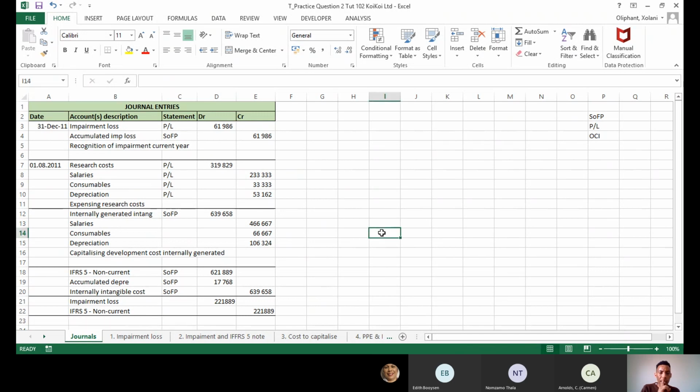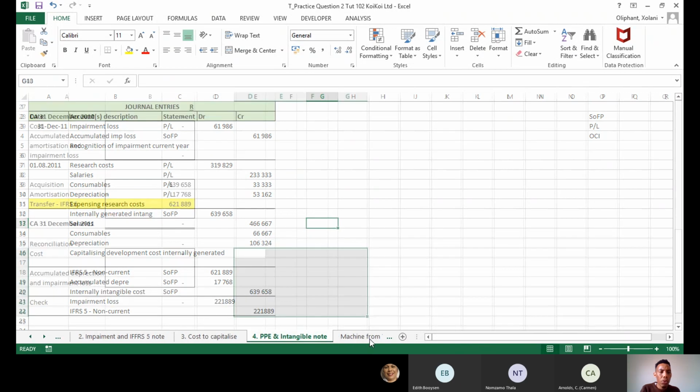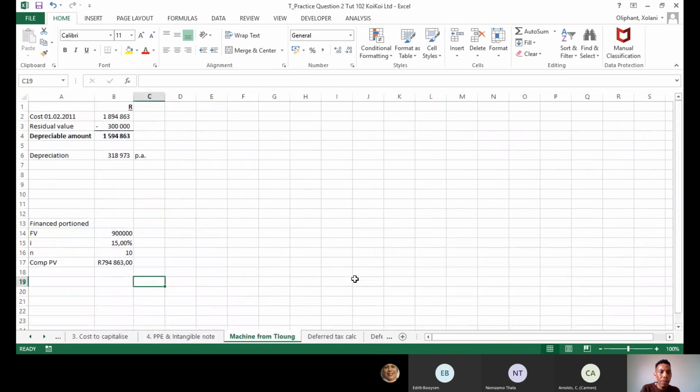And then there is a journal entry that I didn't touch on before we conclude. It relates to the asset that we bought: partly we paid 1.1 million, and partly there was a financing component.